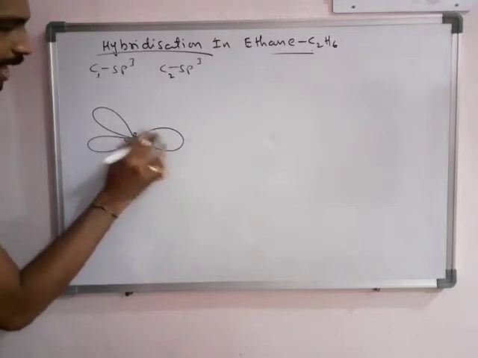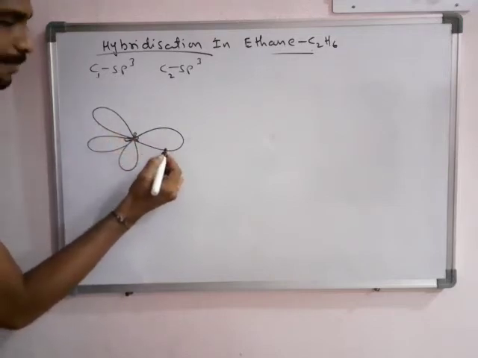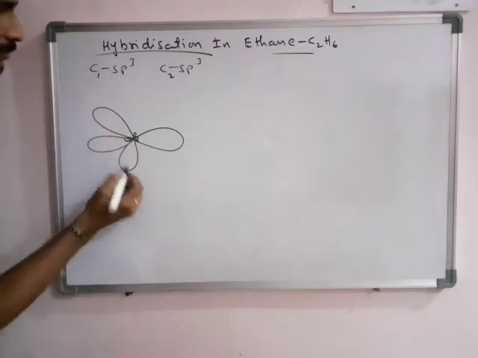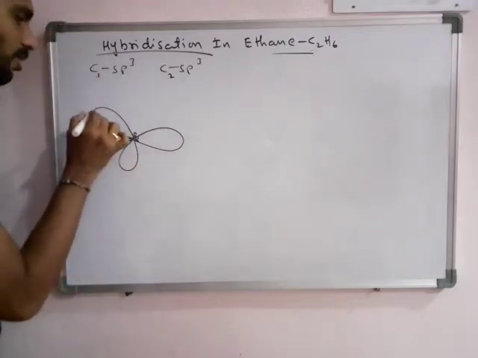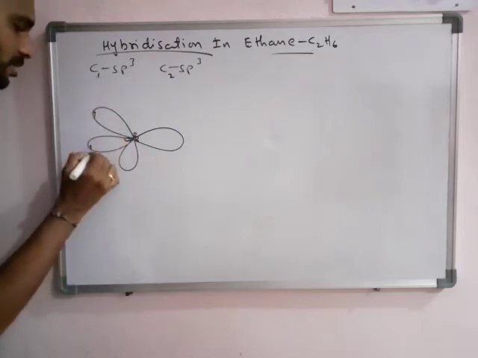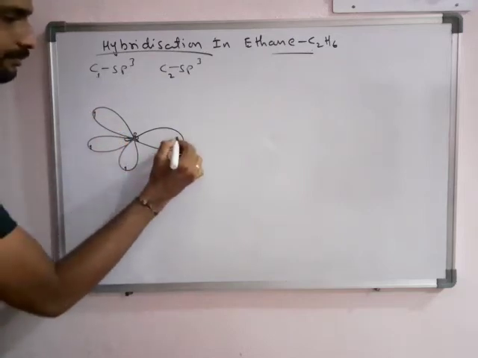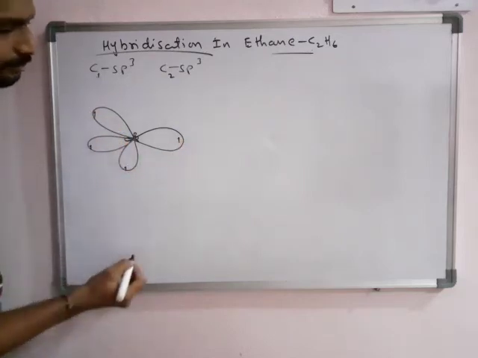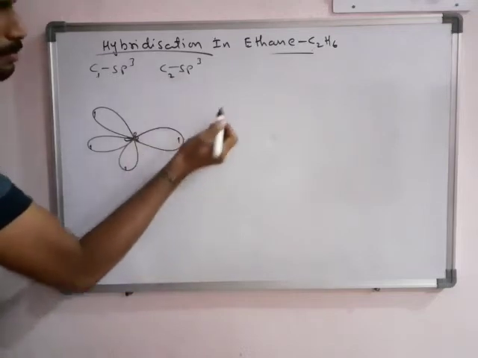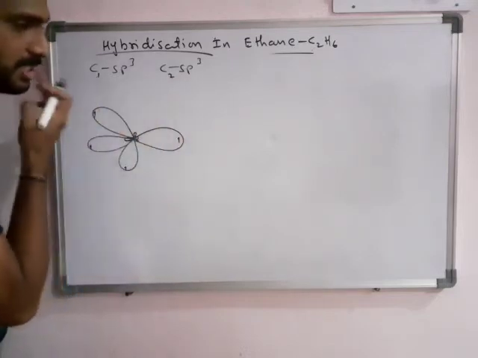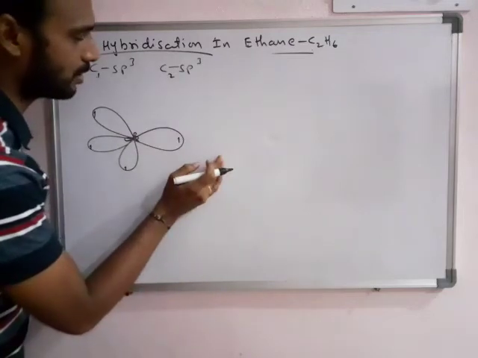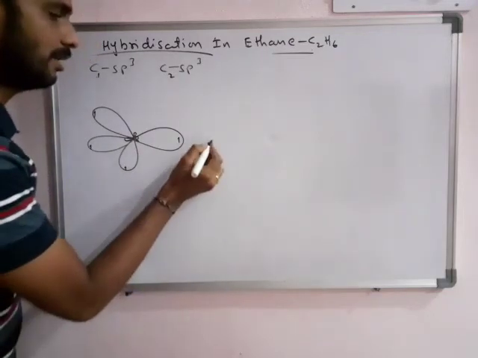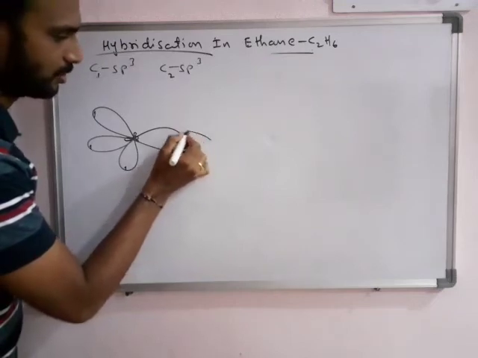So these are the 4 sp3 hybrid orbitals of the first carbon, which are having unpaired electrons in them. And see the second carbon is also the same. It also undergoes sp3 hybridization, and its 4 sp3 hybrid orbitals are having 1 electron each.